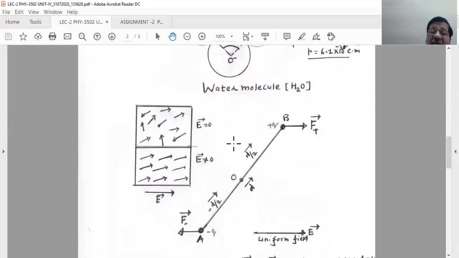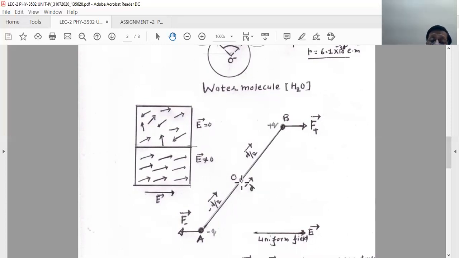Consider you have a dipole, characterized by two charges. You have a negative charge placed at the point A, and a positive charge placed at the point B. And you see, I have applied a uniform electric field along the x direction.